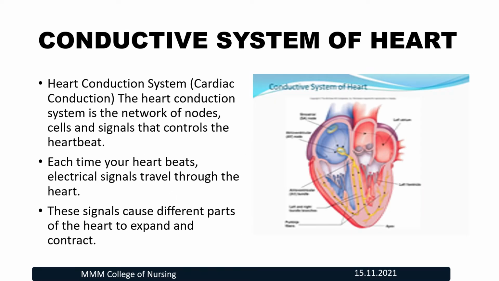Before knowing about ECG, we must know about the conductive system. As you all know, the conduction system of the heart starts from the sinoatrial node, which acts as the pacemaker.